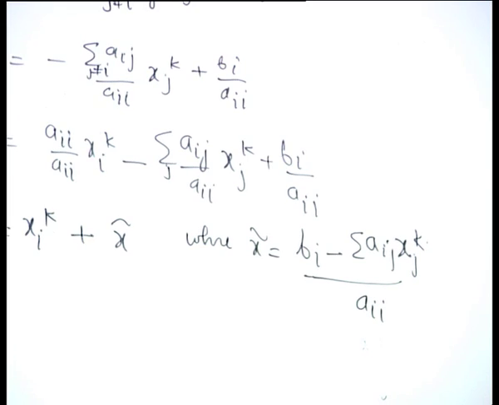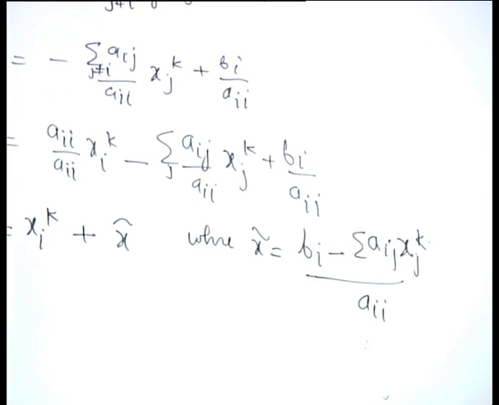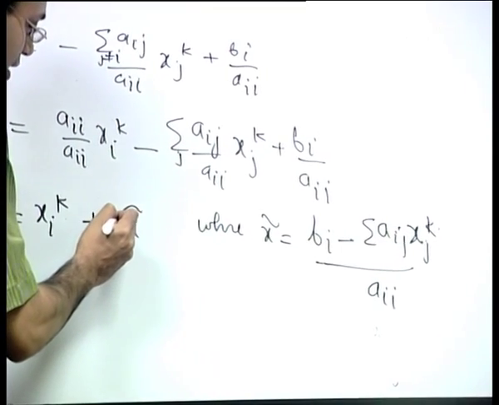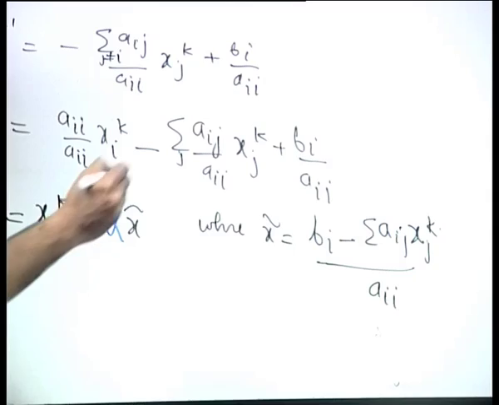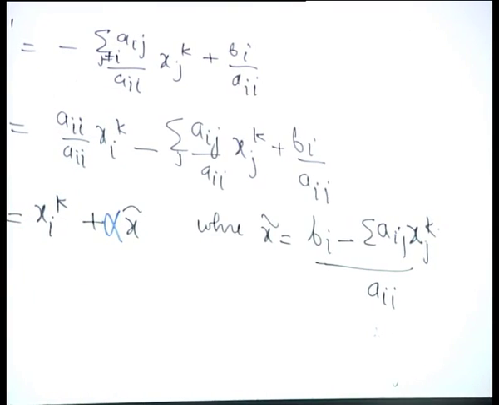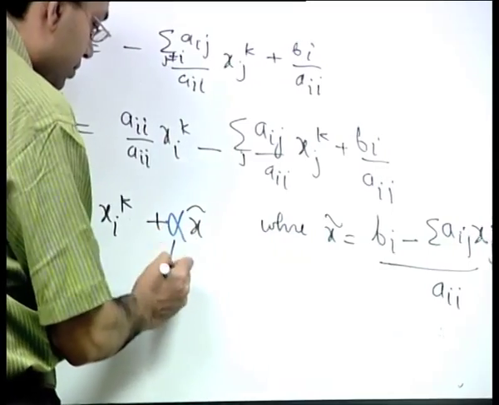So, in the relaxation method what do we do? We multiply this x tilde with a factor alpha, which we call the relaxation parameter or relaxation factor.